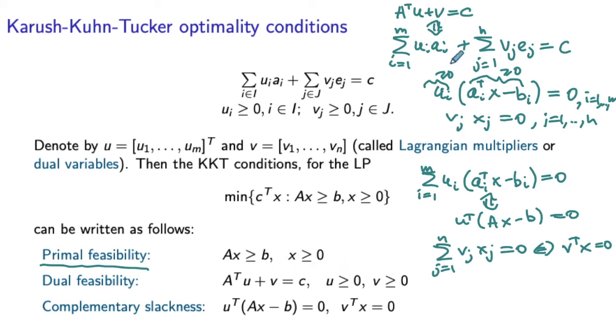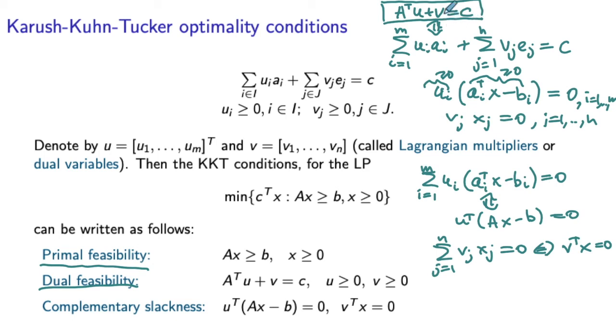Then we write down this equation right here that we developed. So we have A transposed u plus v is equal to c, and both u and v are non-negative vectors. And this is nothing else but dual feasibility actually, because look at this system here. A transposed u is less than or equal to c is nothing else but our dual constraint for our LP.